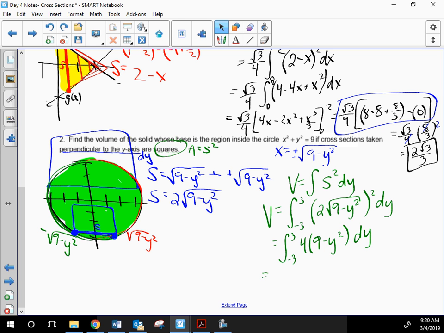This one does come out relatively nice for sure.